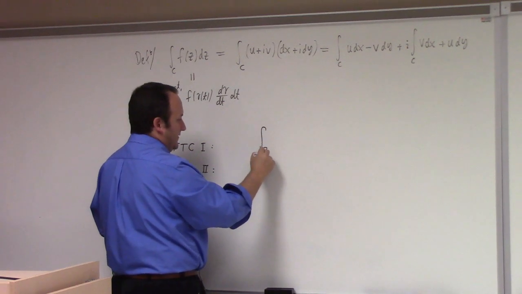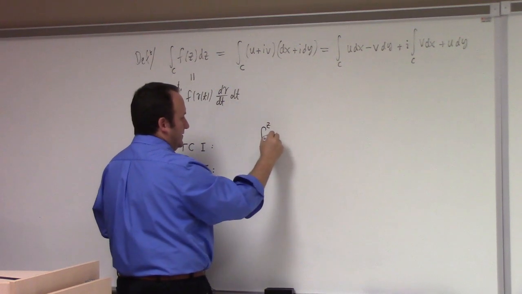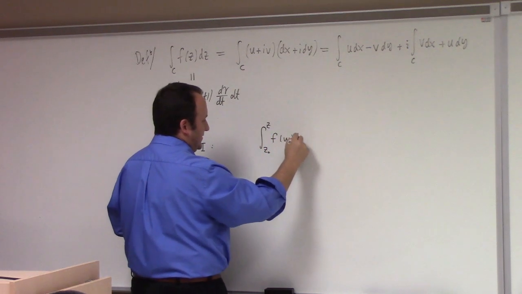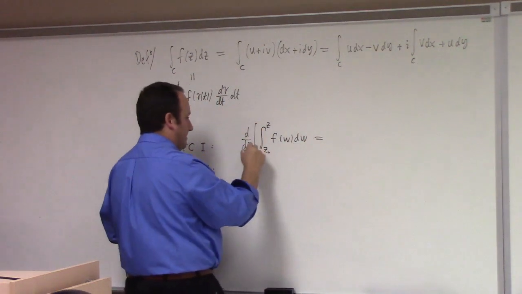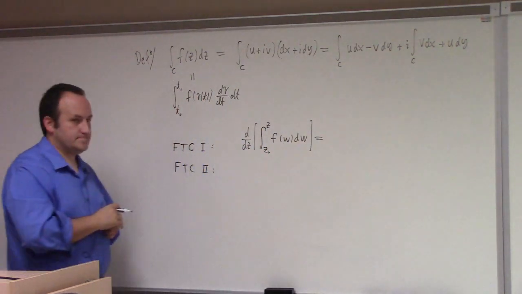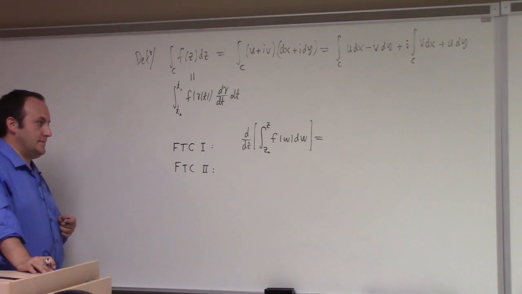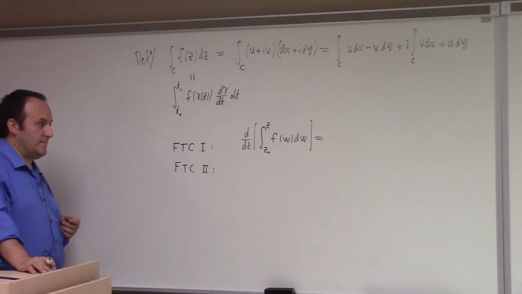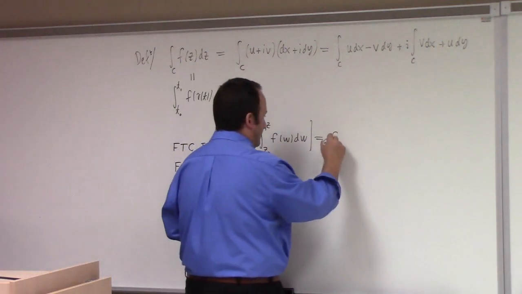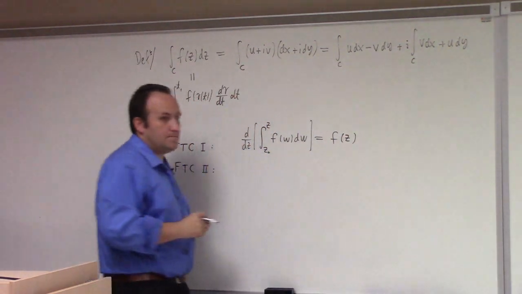The integral from z0 to z of f(w) dw, what is that going to be if I differentiate it with respect to z? F of z, in fact, is true. Yep. So that's one of the things we could prove.